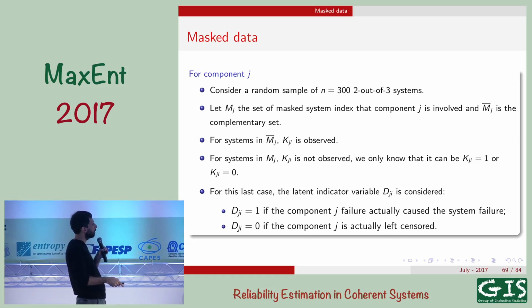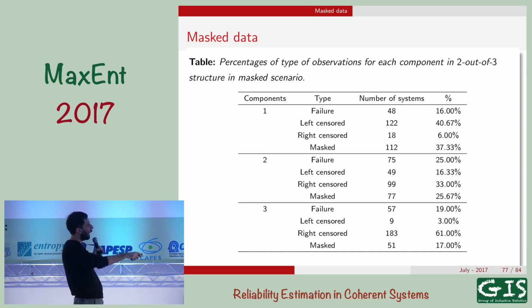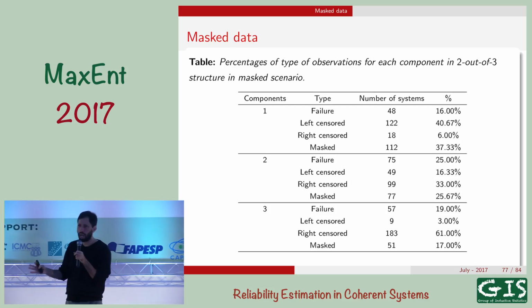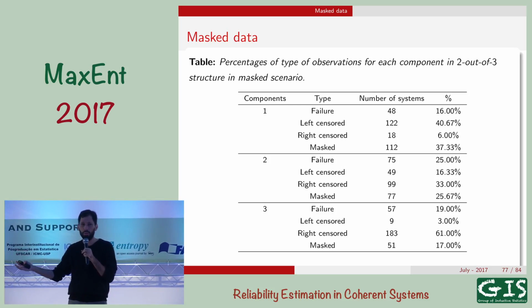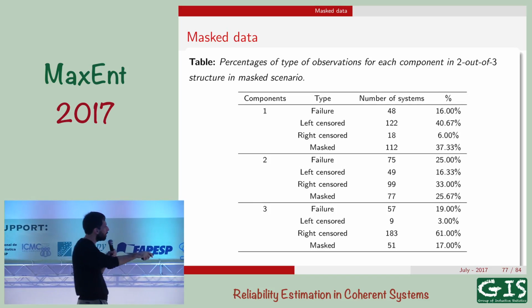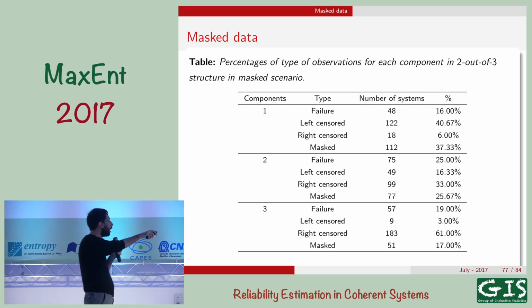And then we have the data, but now this is the interesting part. 16% failed, 40% is left sensor, 6% is right sensor. And from all these components, I also have 37% masked. This is where it starts to get quite confusing here, because maybe masked, left, right.